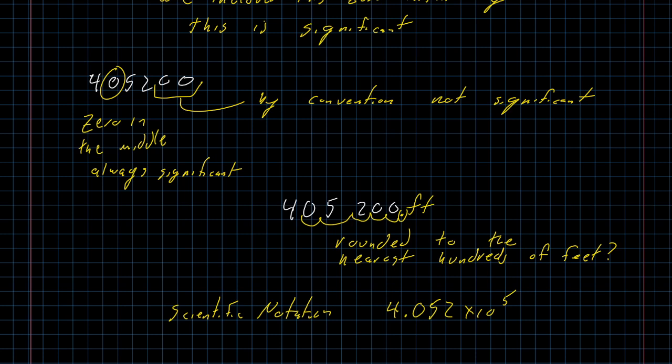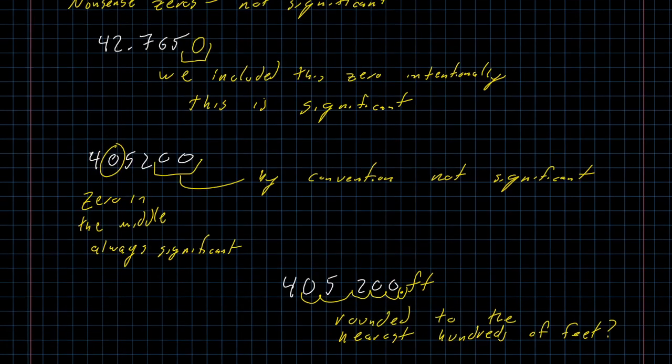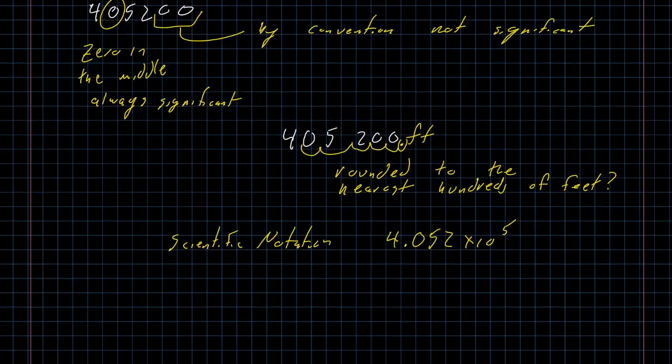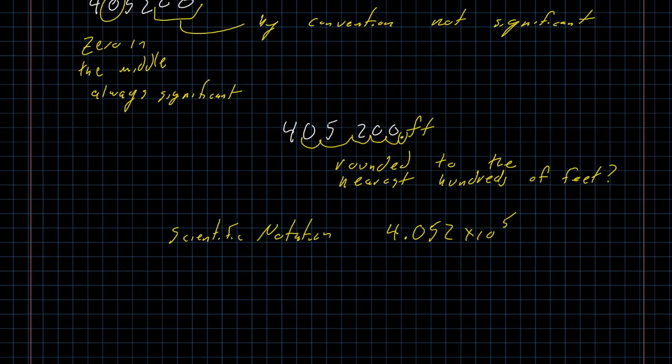The nice thing about doing this is I now have a decimal point, so I've left the rules of how to deal with zeros in whole numbers, and I come back to the rules of how to deal with zeros in decimal numbers, and I could write that as 4.0520 times 10 to the 5th, or 4.05200 times 10 to the 5th, if I so desire.